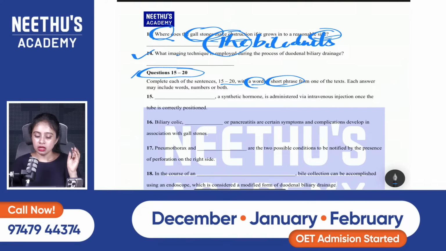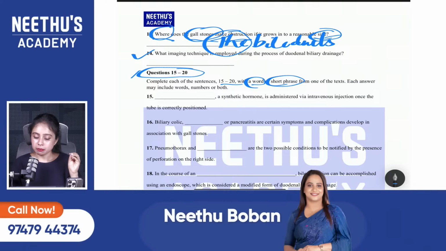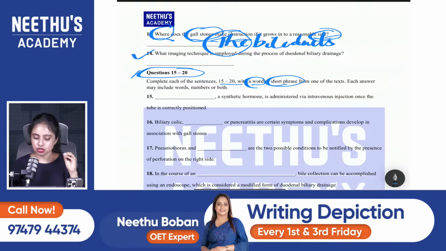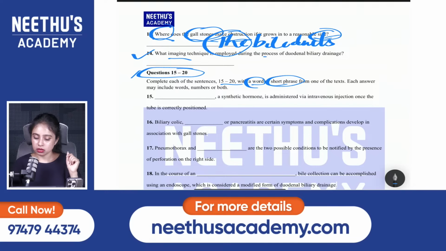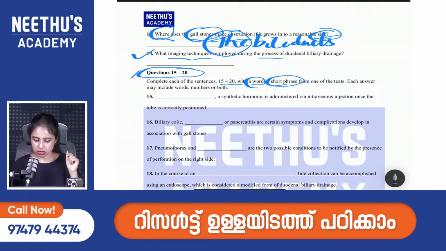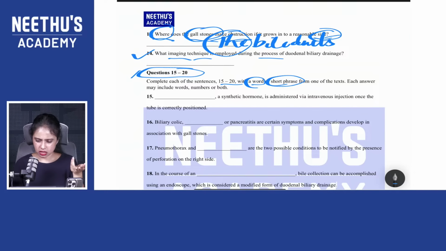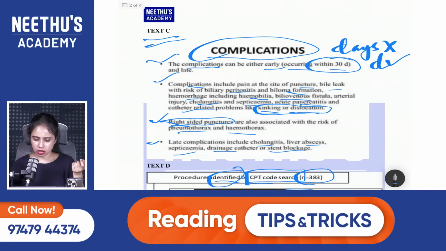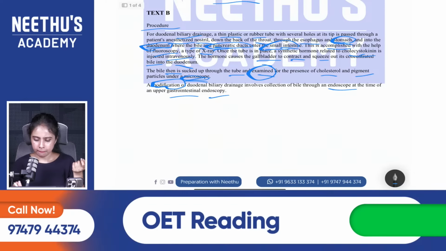The 14th one: the imaging technique is employed during the process of duodenal biliary drainage. So my keywords are imaging, process, technique. The technique can be CT or fluoroscopy. Anything mentioned there? I think the answer is mentioned in B because it is about procedures.